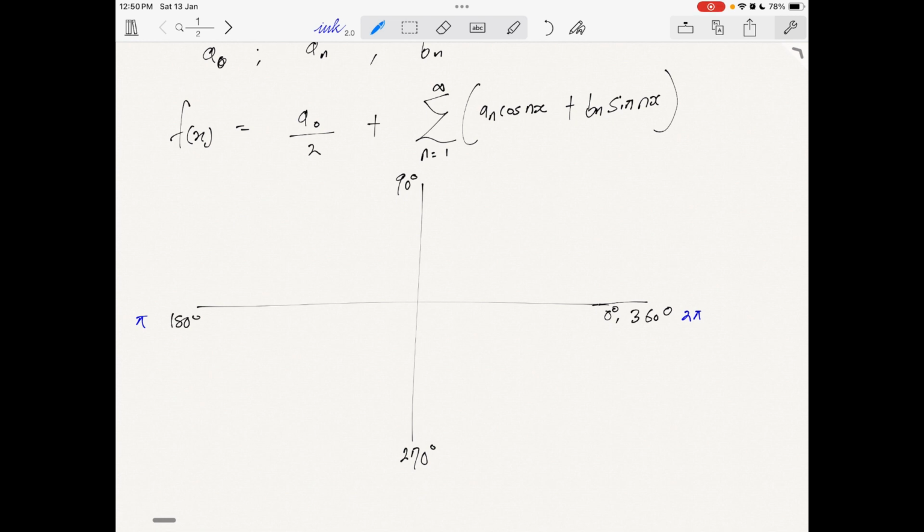Hence, 90 degrees is pi over 2, and 270 degrees is 3 pi over 2.